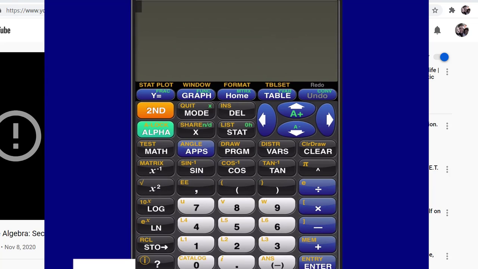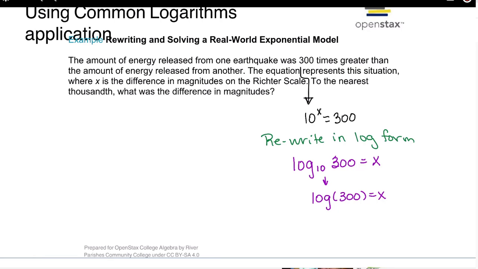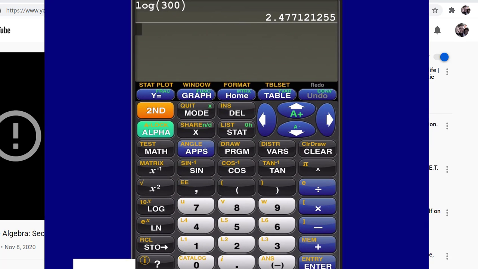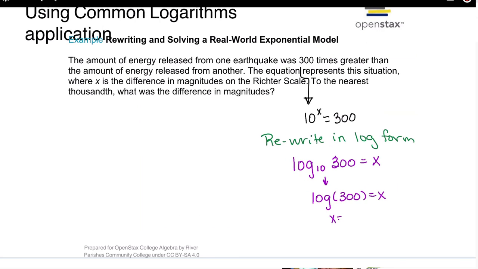So I'm just going to type in the calculator log 300. 2.477121255. They say to round to the nearest thousandths. So thousandths is 3 places, so 2.477. And that's all we do. Very quick.